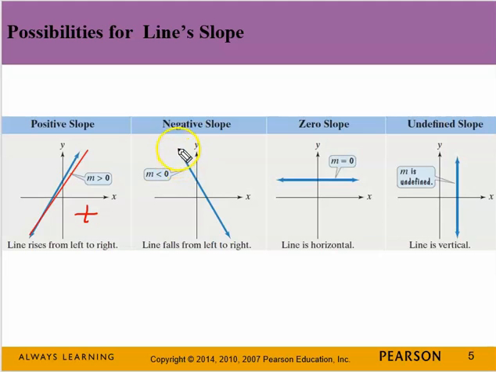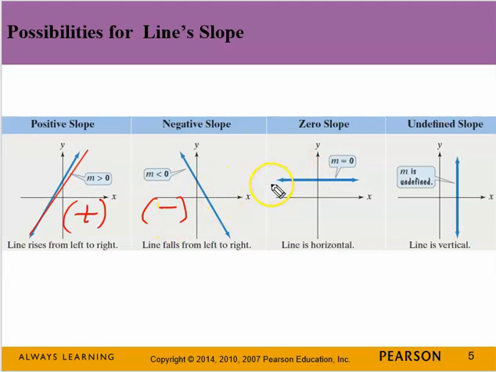Now, if the line starts high and as you go to the right it goes down, your slope is going to be negative. That is, it's less than 0. Less than 0 is negative numbers. So starts low, goes up, positive slope.